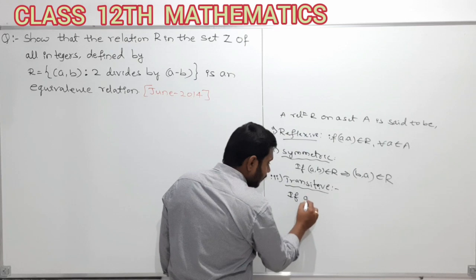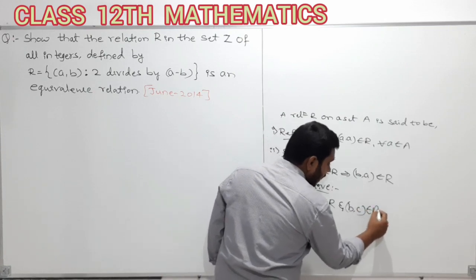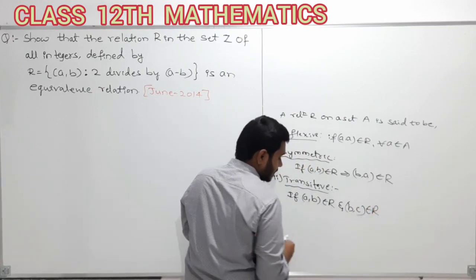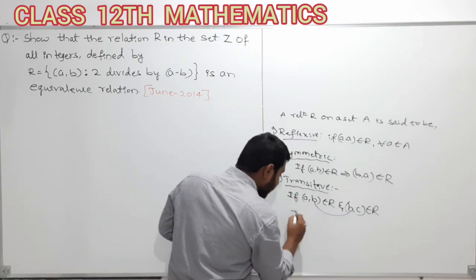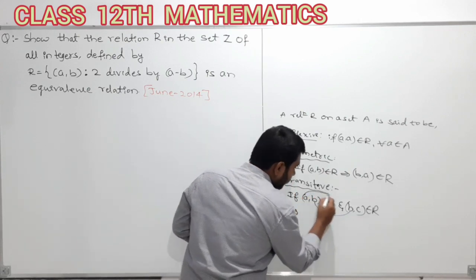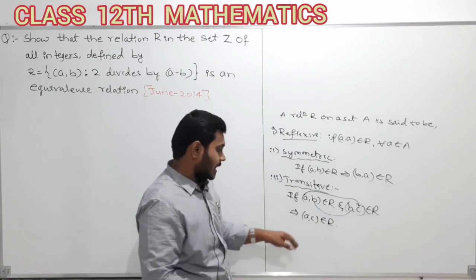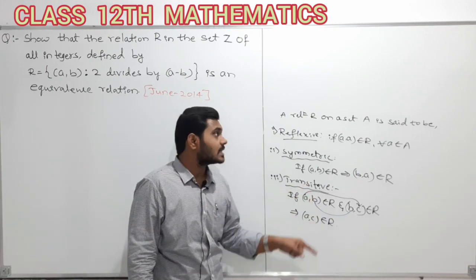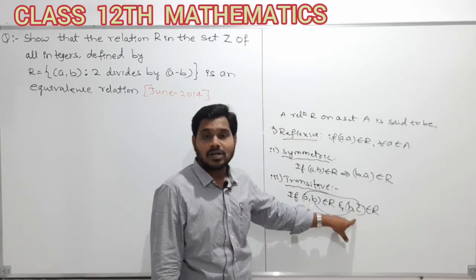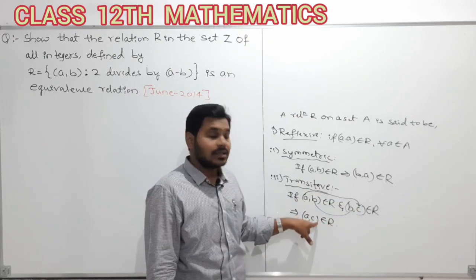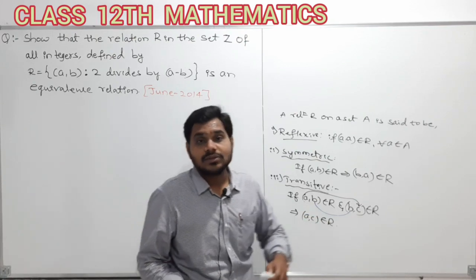A transitive relation says if (a, b) belongs to R and (b, c) belongs to R, where the second element of the first ordered pair is the same as the first element of the second, then we check whether (a, c) is in R. This must imply that (a, c) is in the relation R. A relation R is said to be transitive if (a, b) and (b, c) belong to R implies (a, c) belongs to R. Then such a relation R we can call a transitive relation.